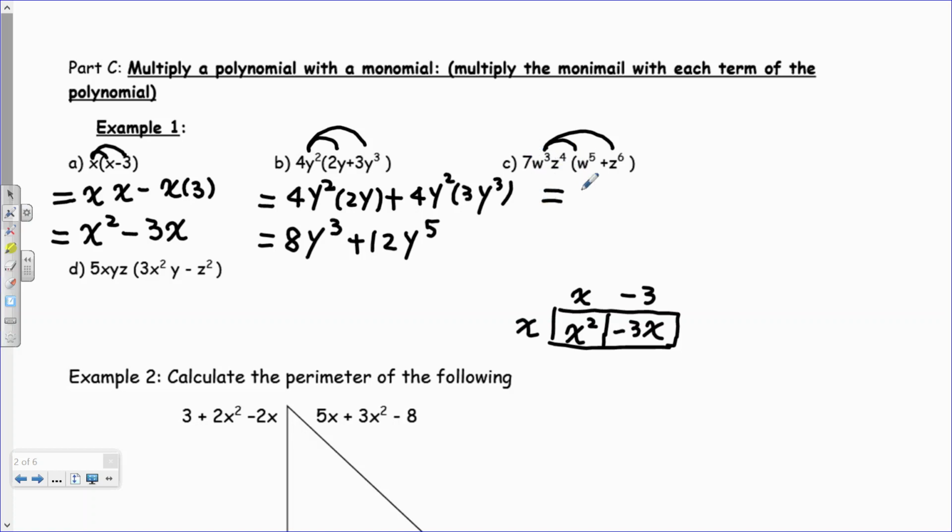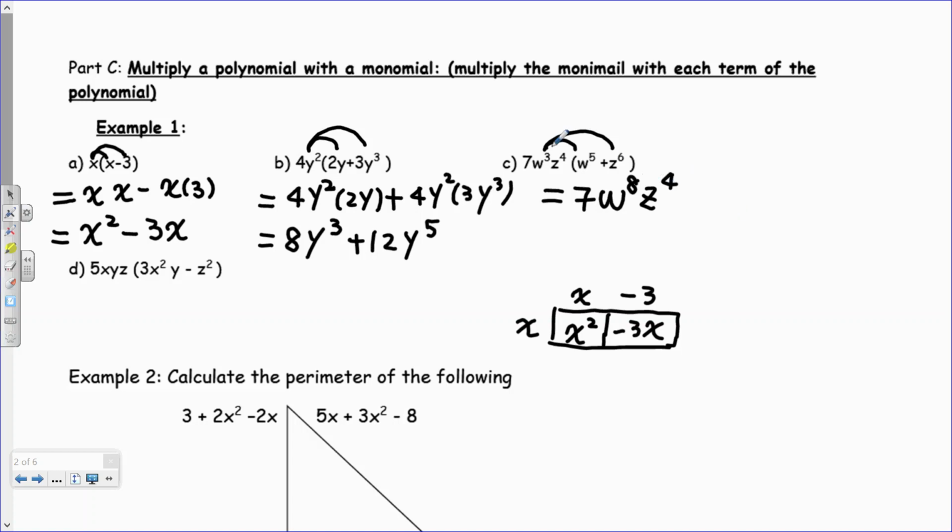So 7 times 1 gives you 7. And for W, the same variable, degrees add together: 3 plus 5 gives you 8. Z to the exponent 4, no Z in the first term, so you just copy Z4, no degrees to add.